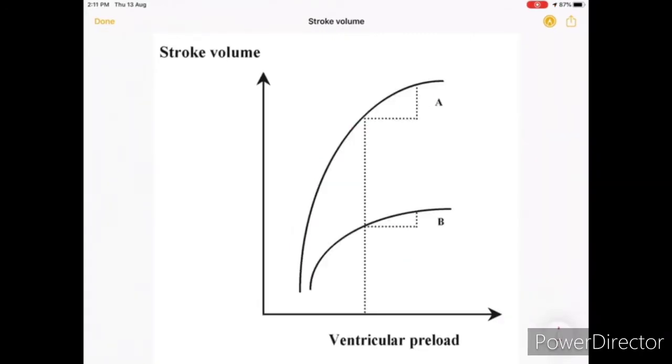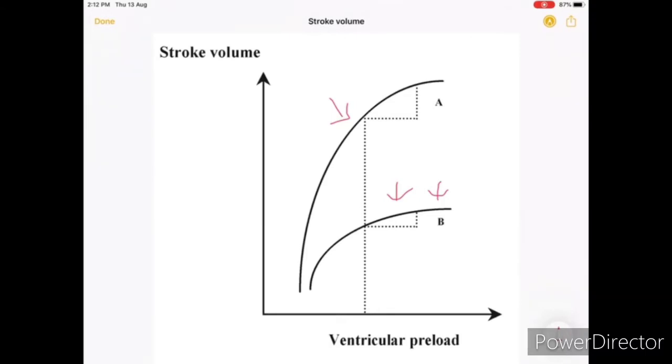Also important to note how the curves are different in a normal heart, where it is more vertical, versus an abnormal heart or a failing heart, where it is flatter very early on.